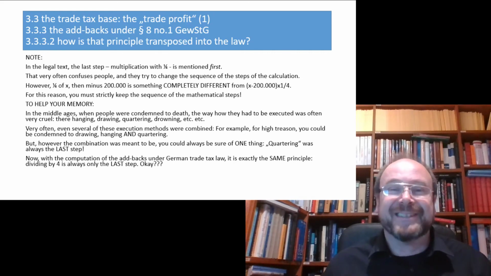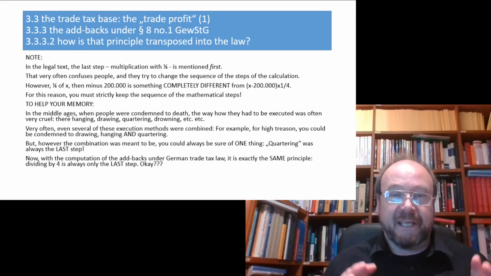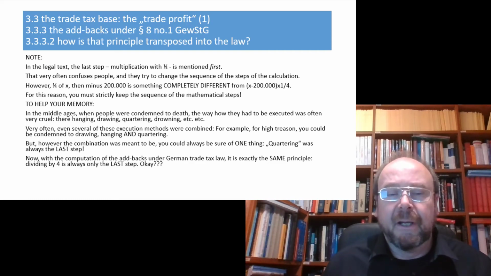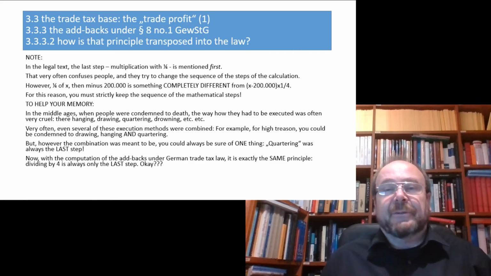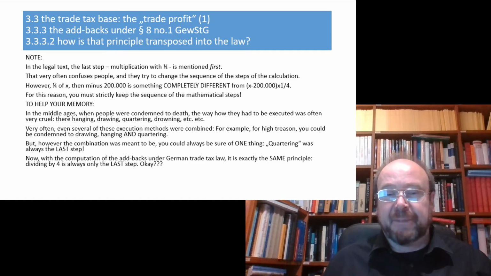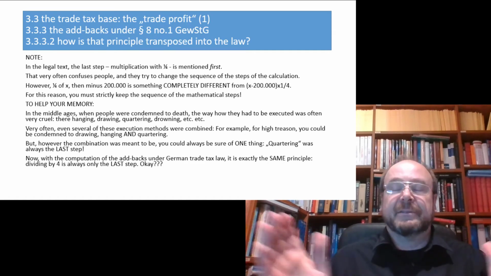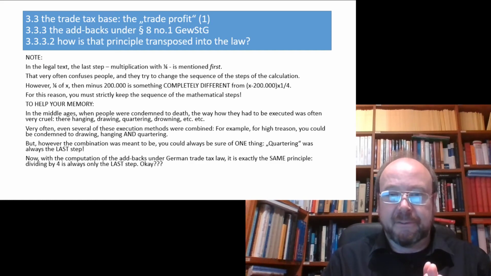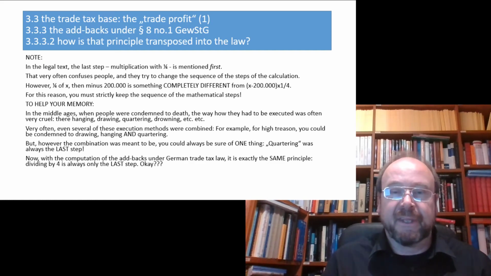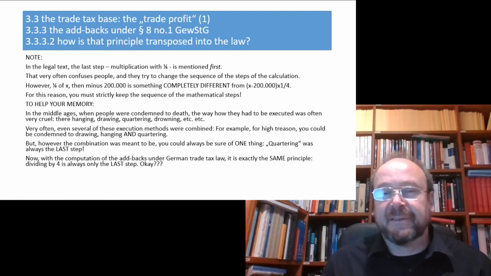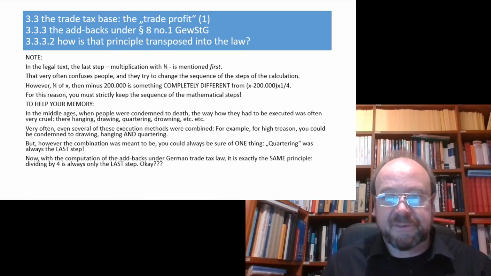The trade tax is a tax from the Middle Ages, sorry. And so even when you compute the add-backs on the trade tax, same principle. Quartering, so divide into 4 parts or take a fourth, is only at the last step, because otherwise the delinquent is dead in the first moment and then the fun is over.